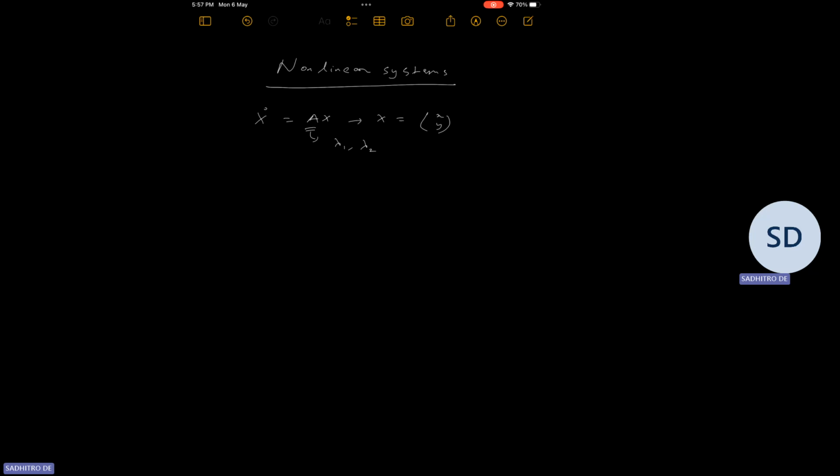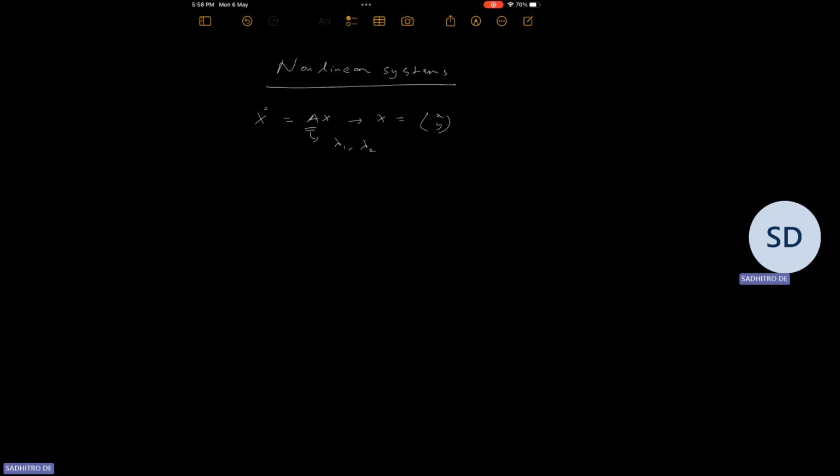Using the trace and determinant of this matrix A, one can classify the fixed points into various types, as I had mentioned earlier. And then we had also done certain examples of such two-dimensional linear systems.